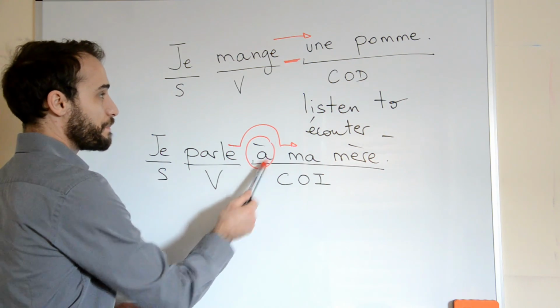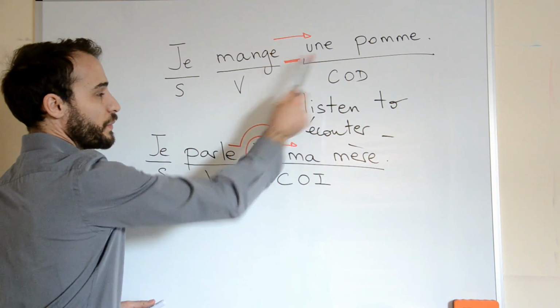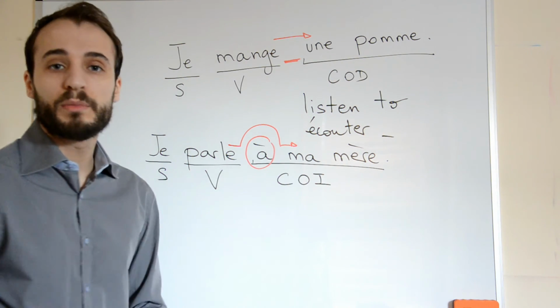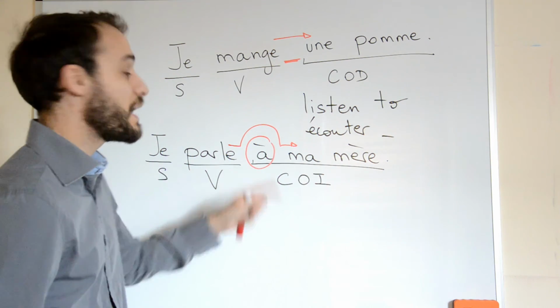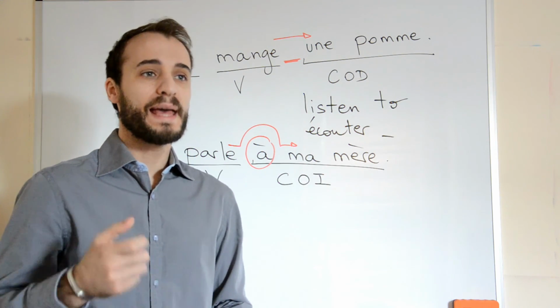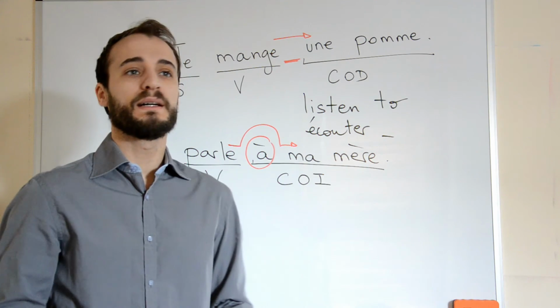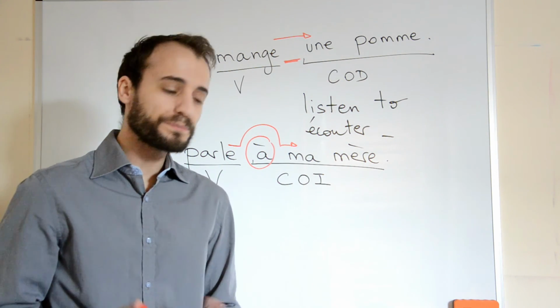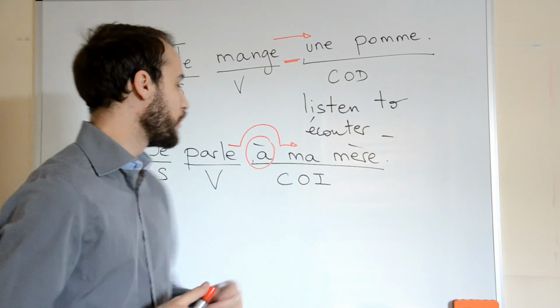Parler à, manger, without anything. So parler à, in fact, is parler à because all verbs of communication in French are indirect. So you parle à quelqu'un, téléphoner à quelqu'un, écrire, to write à quelqu'un, dire à quelqu'un, to say something to someone, literally. So it's à.